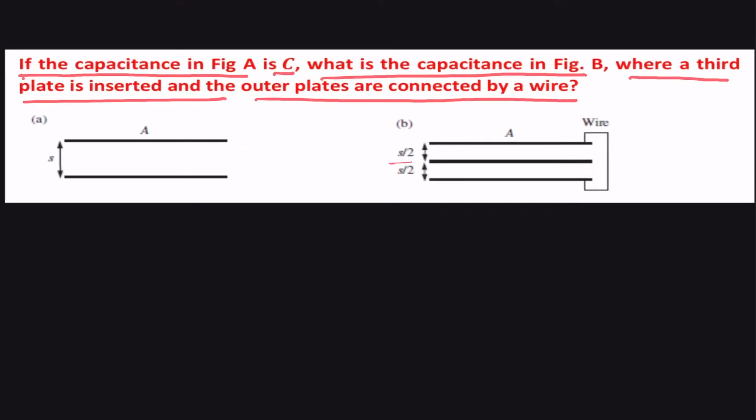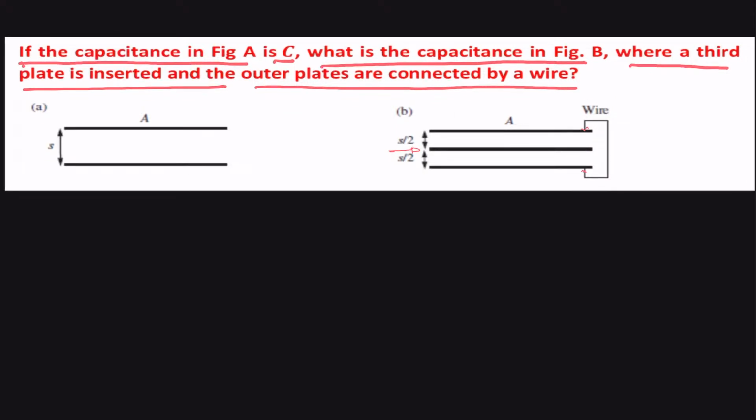So this is the third plate and the external plates are connected through the wire. This is the basic difference between the two, and we are supposed to find out the capacitance in figure B. So we are going to start with the basic formula for capacitance of a parallel plate capacitor.